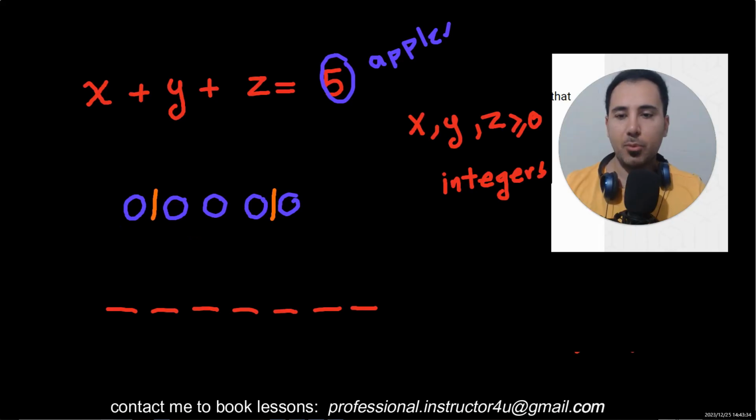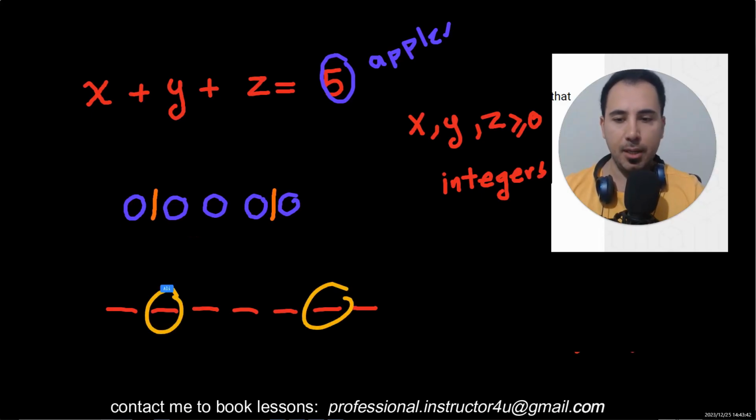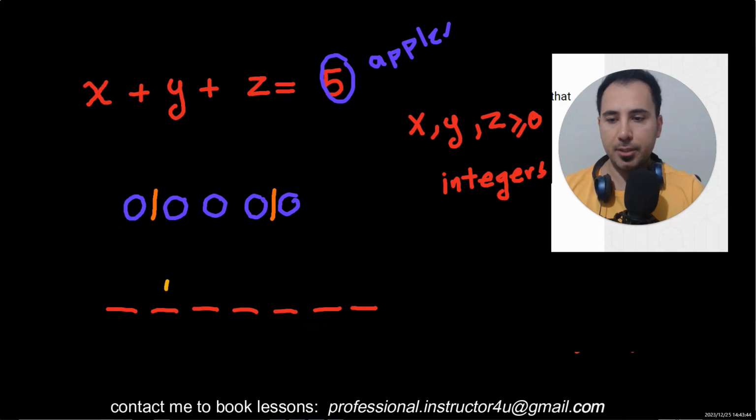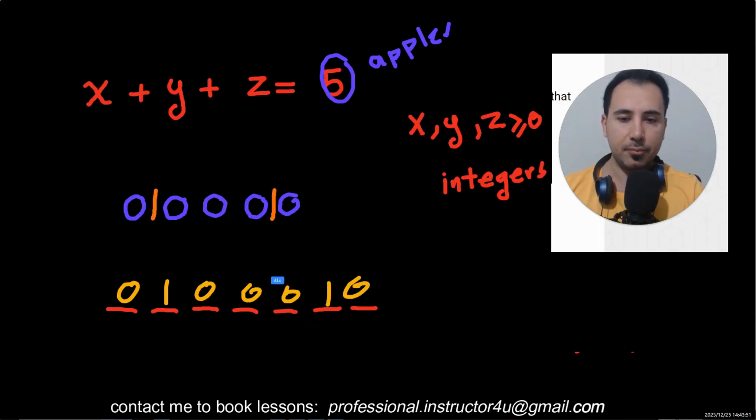We're going to choose 2 of these places and put the bars. So I choose this one and this one. I put the 2 bars here, and then all the apples will be here.